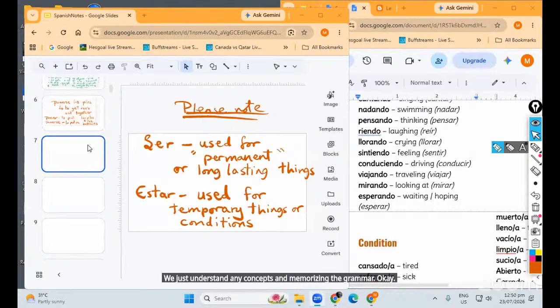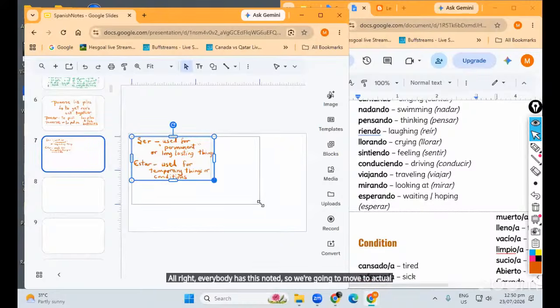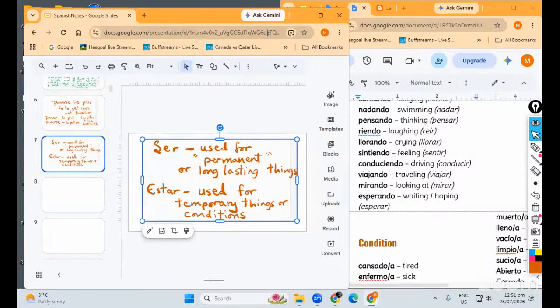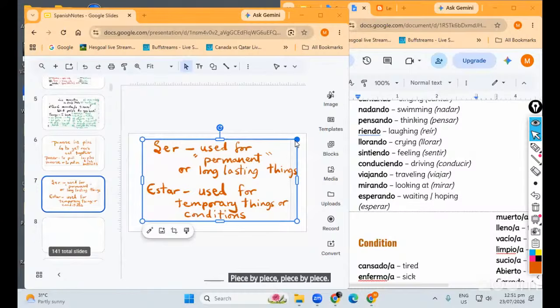All right, everybody has this noted, so we're going to move to actual uses and examples, right? All right, some people going into Form 2 didn't do it. It depends on the school. Different schools move at different paces and they do different topics, right? So if this is the first time you're meeting it, take it piece by piece, right? Not everything at once.